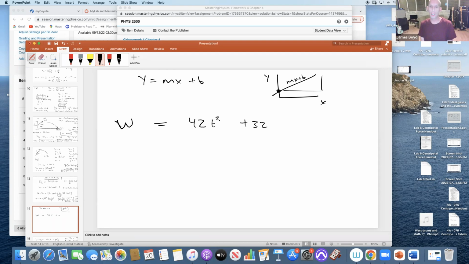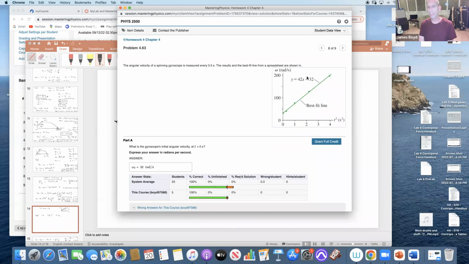So that gives you a slope. In this case, they want to know what our angular velocity omega is when t is equal to 0. Well, if you look at the trend line, that's just the intercept, 32. Plug in 0 for t, so x is t squared: 42 times 0 plus 32, you get 32. You can see it either way.